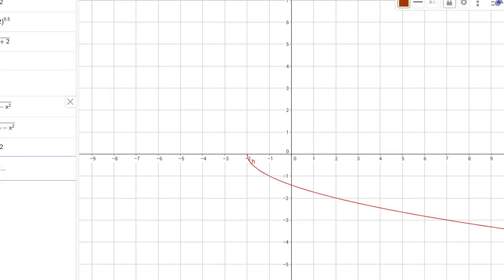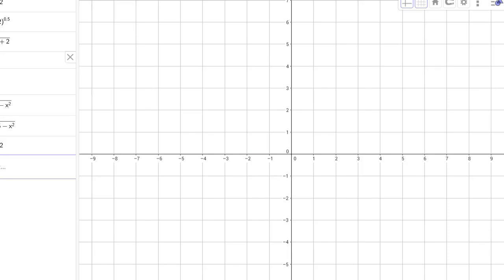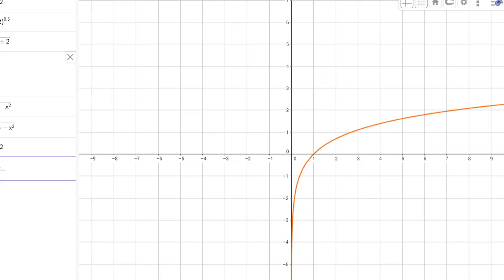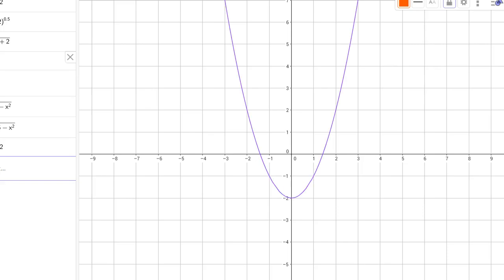That one is a function. This one is a function. This one is a function. And this is also a function. There are a lot of different graphs and different functions. So, I will name some of them in this one.